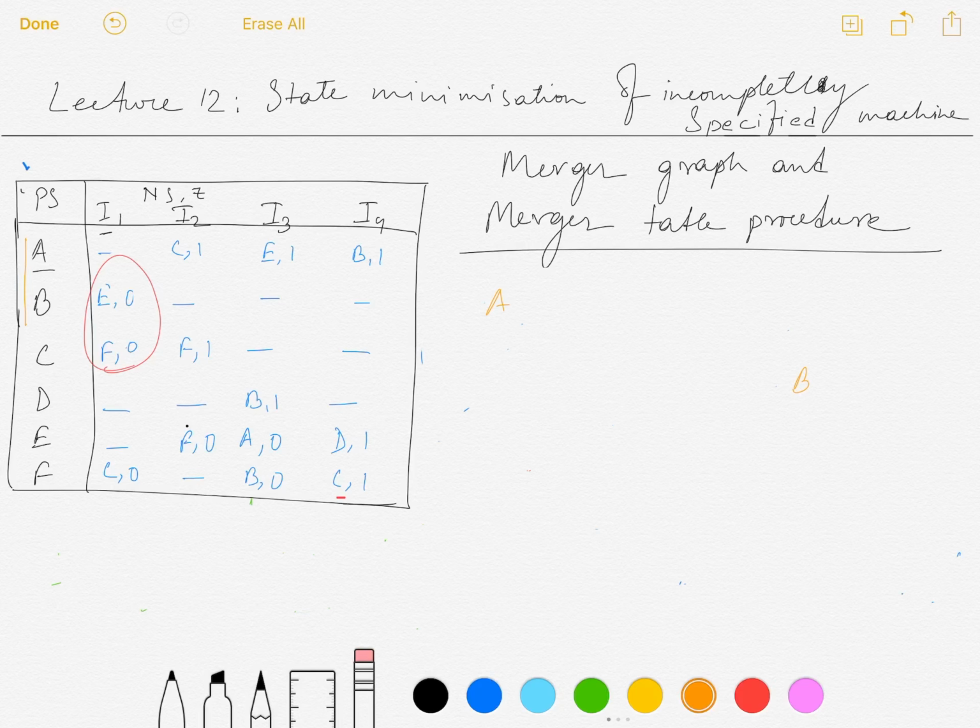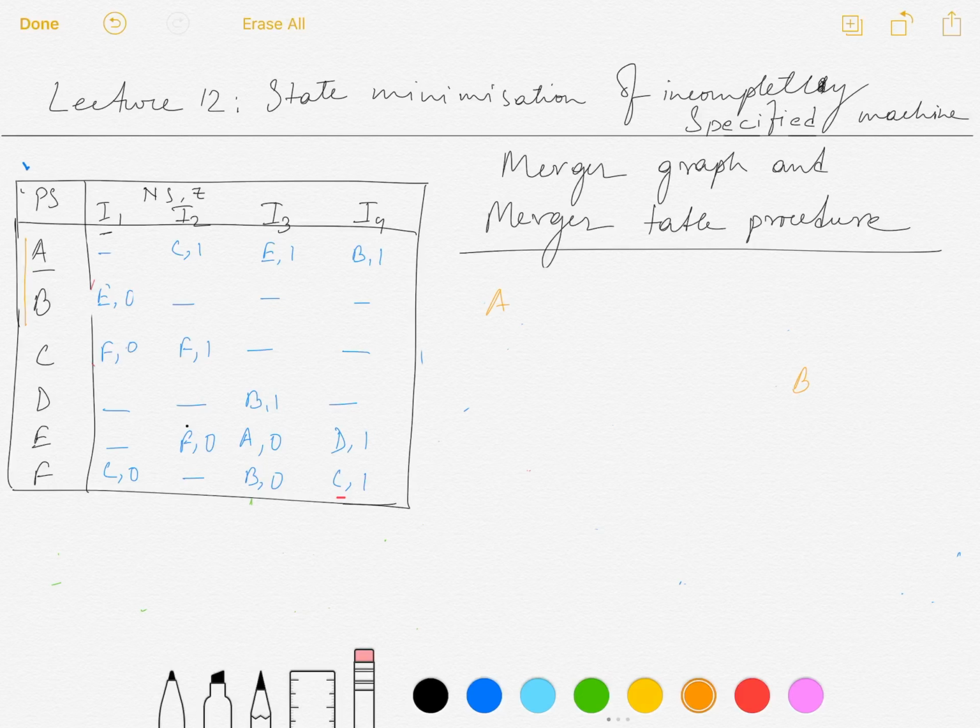Now, for A B, look at this. For I 1, one output is not specified, and for B the output is 0. For my convenience, I can consider this output as 0.